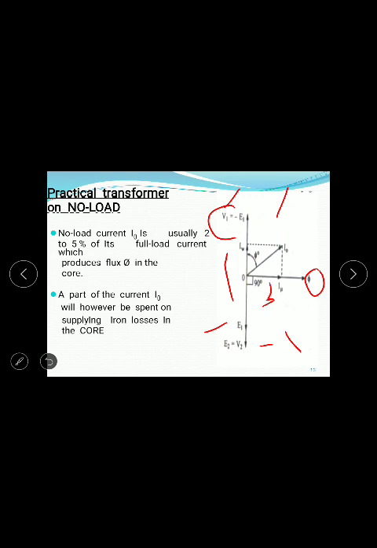In practice, the I0 current is 2 to 5% of full load current, which produces the flux. A part of the I0 current is spent on supplying iron losses in the core.